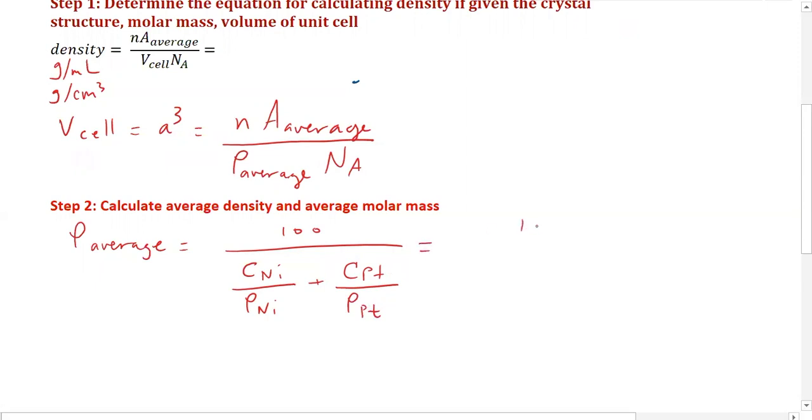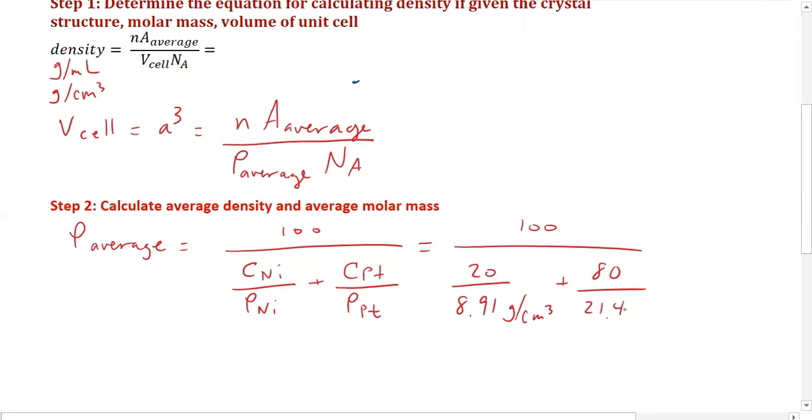And we can compute that to be 16.74 grams per cubic centimeter.